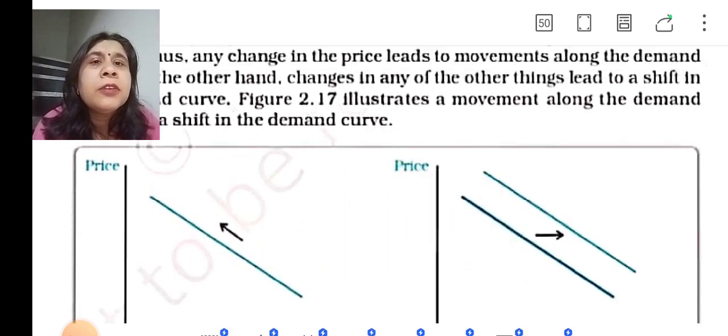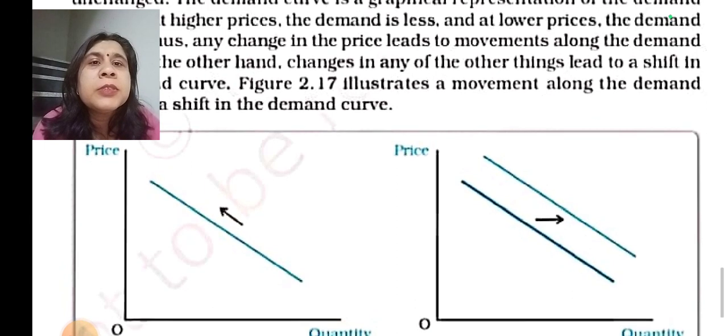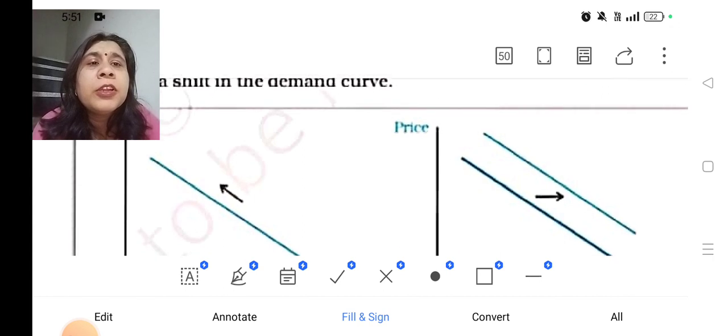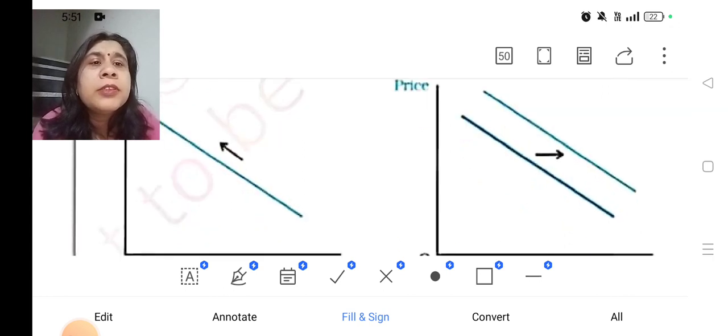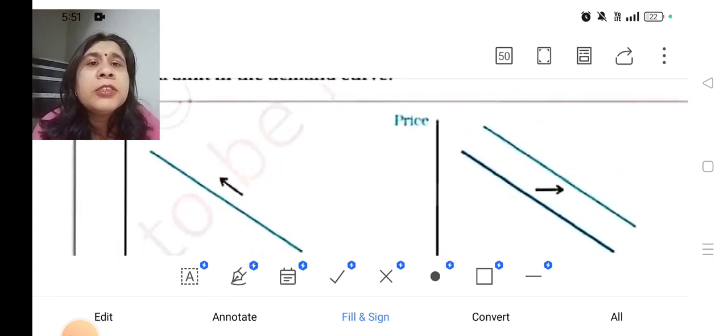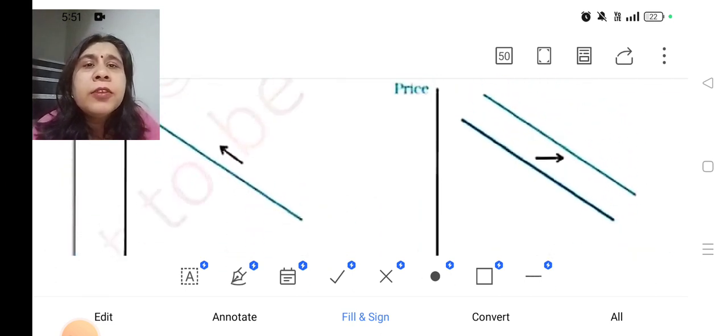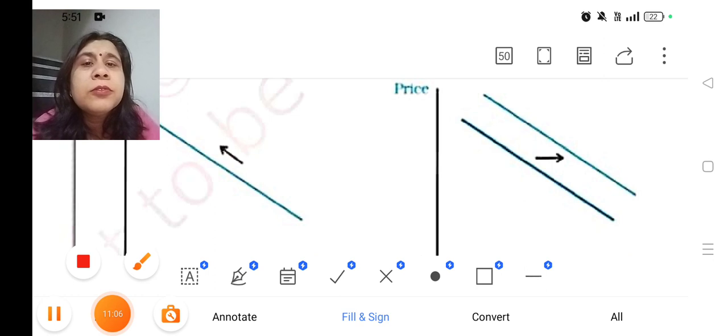Look at this first figure now. This figure explains the expansion and contraction in demand. When the price of a commodity is changing, you can just see, it is affecting the quantity demanded. You can just wait, I'll explain it to you.